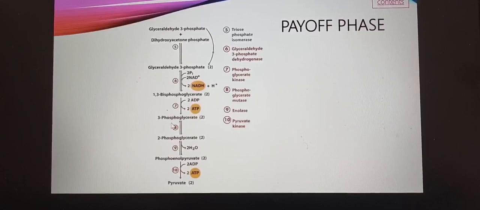Coming to the next step, the 3-phosphoglycerate is converted into 2-phosphoglycerate, and then into phosphoenolpyruvate with the removal of a water molecule.